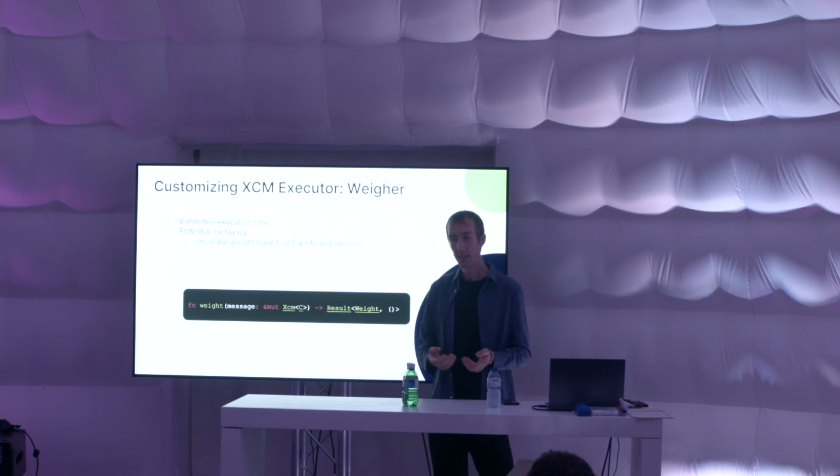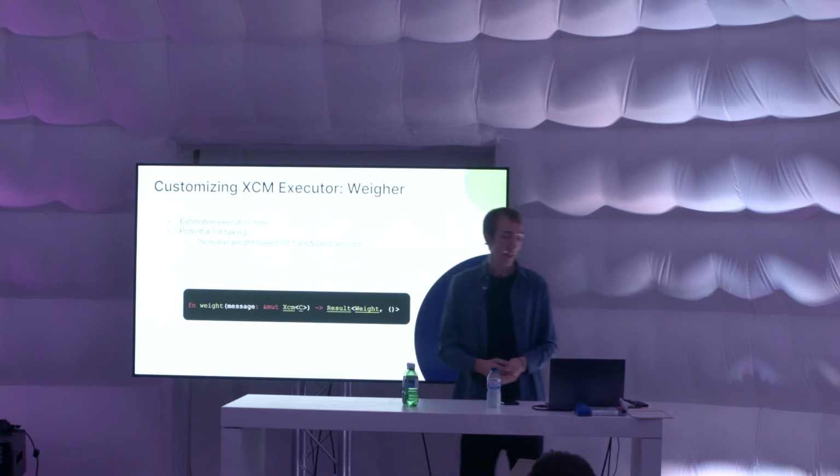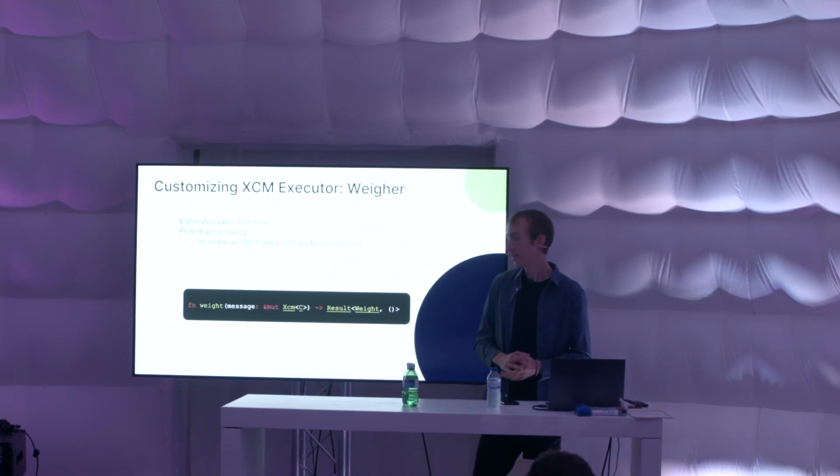You might be sending only a couple of cents worth of the asset that you use for fees, and a ton of like $1,000 worth of another asset, and yeah, then this approach would fail.